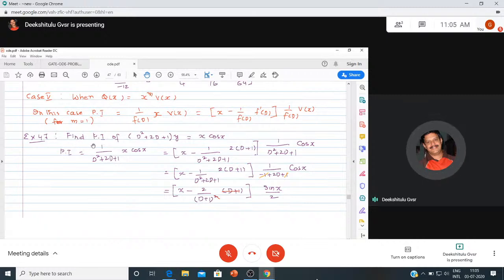So what is the particular integral of (D square plus 2D plus 1) operated on y is equal to x cos x? So it is 1 by D square plus 2D plus 1 of x cos x, because x into V(x) form is there.